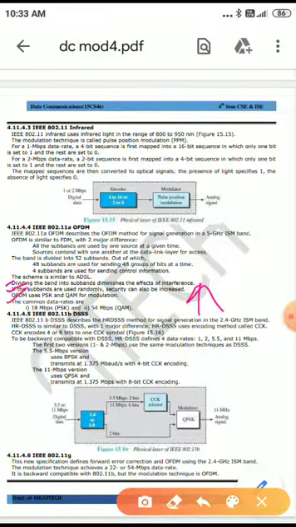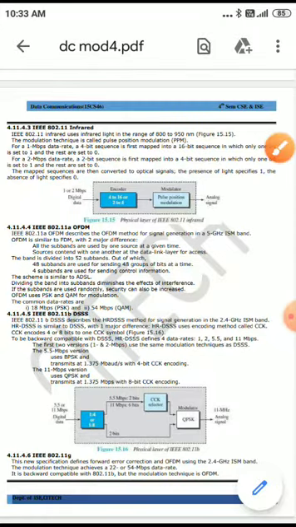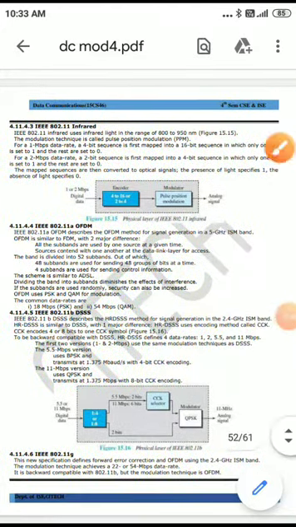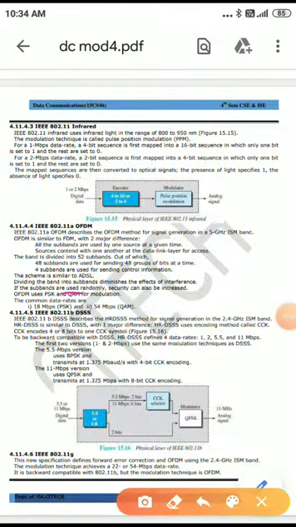Next, OFDM uses PSK and QAM for modulation. Here we are going to use PSK, phase shift keying. Next one is QAM. QAM is nothing but quadrature amplitude modulation.